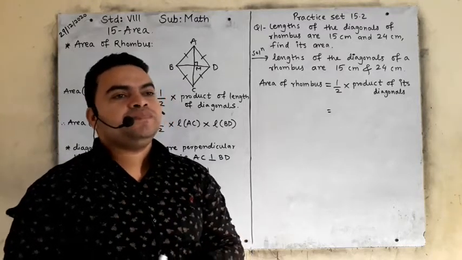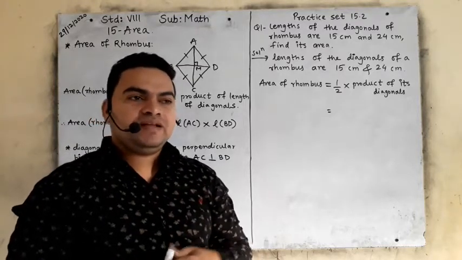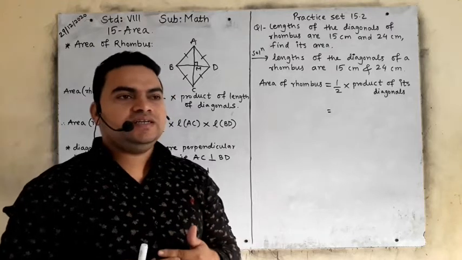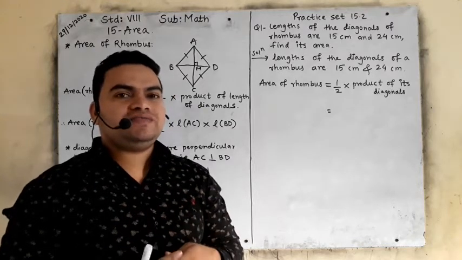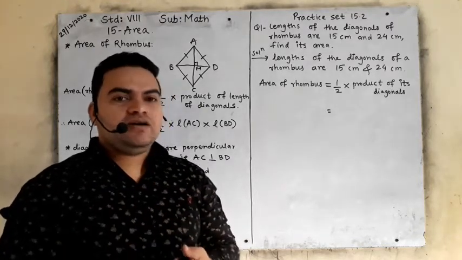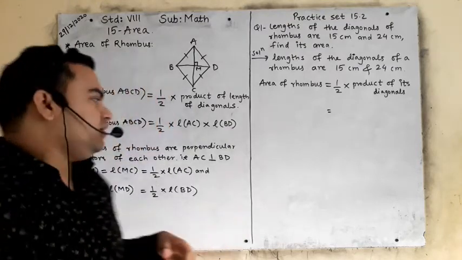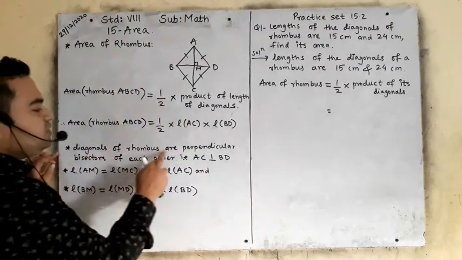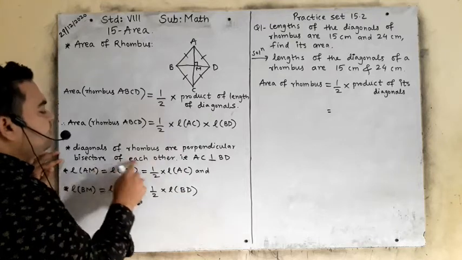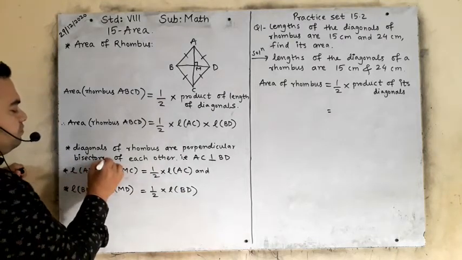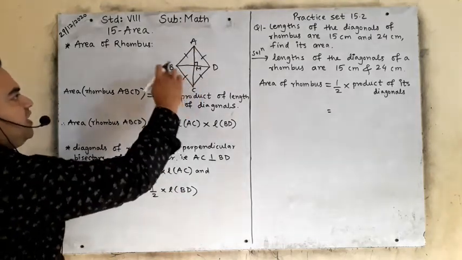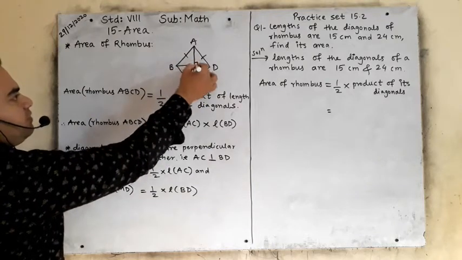And what is a rhombus? All four sides are equal and congruent to each other, but its two diagonals bisect each other perpendicularly. Look here. Diagonals of a rhombus are perpendicular bisectors of each other. Diagonals AC and BD, can you see the perpendicular symbol here?